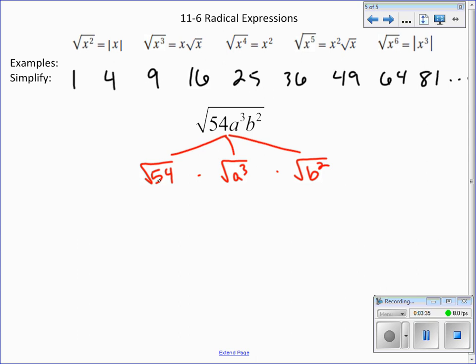Starting with the square root of 54, because it's just a number, we're going to try to figure out which one of these perfect squares can come out of it. 54 divided by 4 gives us 13.5, so that doesn't work. 54 divided by 9 does, and this could split into the square root of 9 times the square root of 6. Square root of 9 is 3, square root 6.